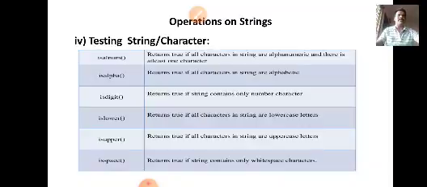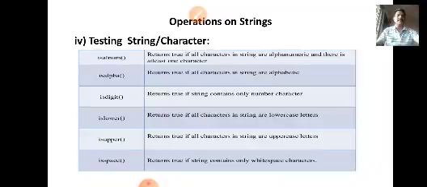It returns true if all characters in the string are alphabetic. Similar to that, isdigit returns true if the string contains only number characters, meaning digits. islower returns true if all characters in the string are lowercase letters. Opposite to that, isupper returns true if all characters in the string are uppercase characters. isspace returns true if the string contains only white space characters.